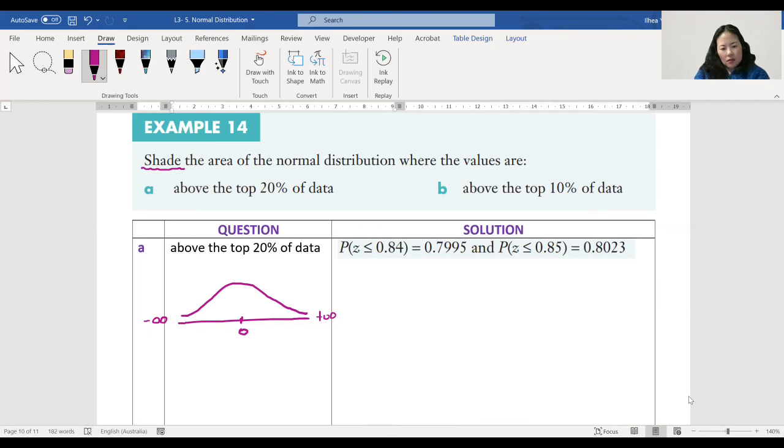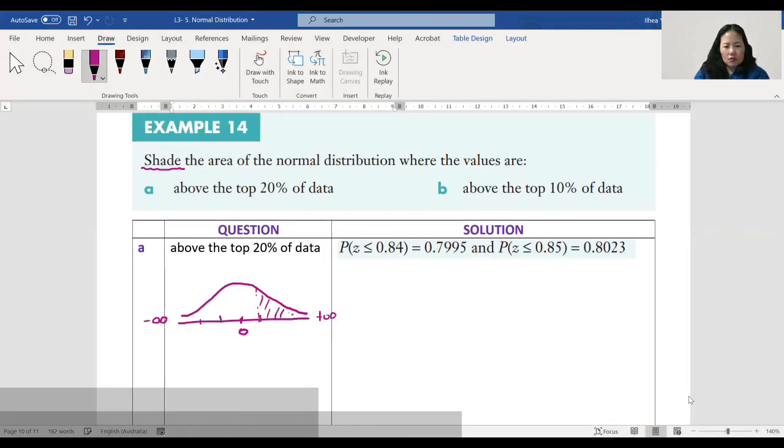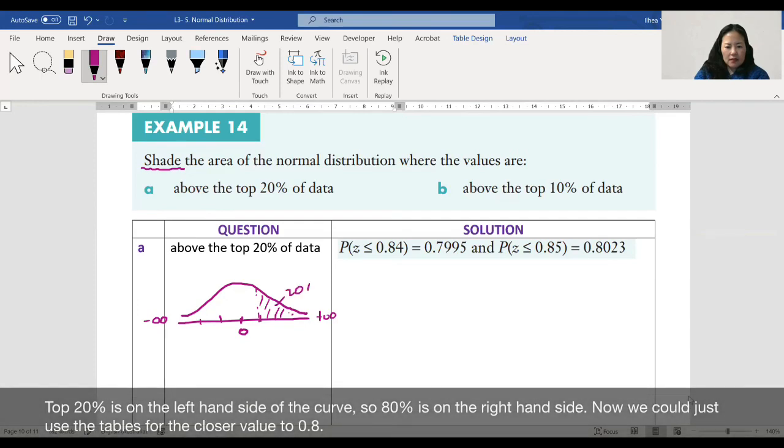Okay, and then you've got some other values here. And roughly 20% we're talking about. And if this is 20%, right, that has to be 80%, isn't it? Yeah, so that's my 80%.